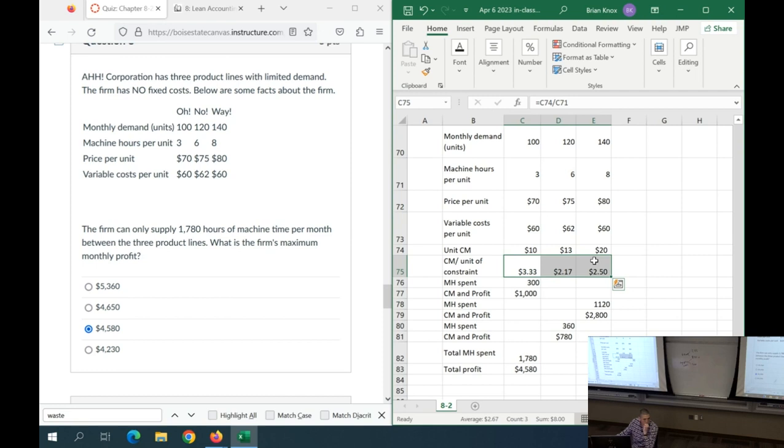If you calculated how many machine hours you're using and then multiply it by that, yes. Yeah, you could take this 300 times the 3.33 and get it. Perfect.